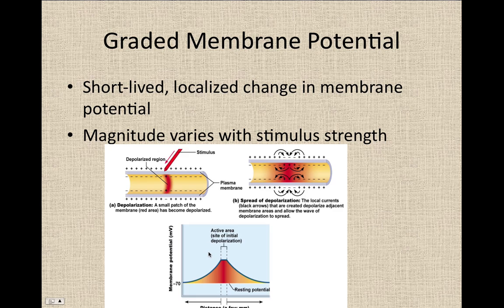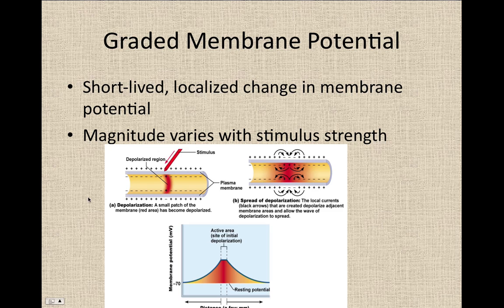Okay, so the graded membrane potentials are going to be short-lived, localized changes in the membrane potential. That magnitude will vary with the stimulus strength. So the stronger the stimulus, the more likely you get to that threshold, the more likely that you get to the action potential creation.